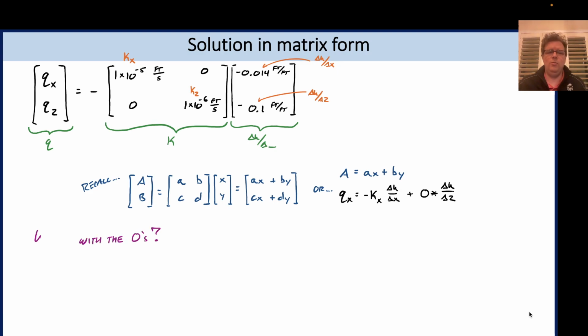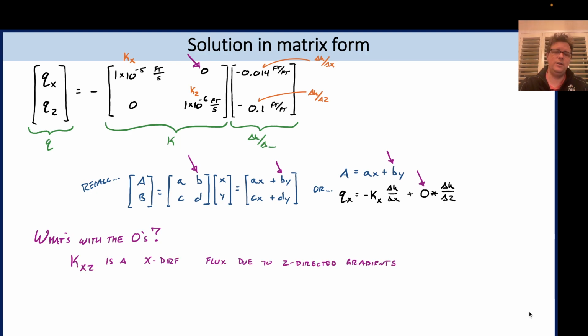And so what's with the zeros? Where did that come from, and what does that actually mean physically? Is that an artifact of putting this into matrix form, or is that something that we might either have to cope with or alternatively take advantage of? So first, let me highlight this 0 that was in the top right of our hydraulic conductivity matrix. You can see I've pointed purple arrows at that location throughout the slide.